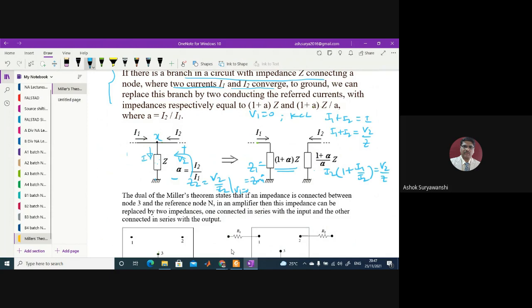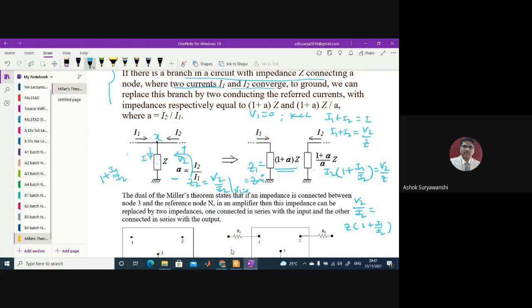V2 upon I2 will be equals to Z into 1 plus I1 by I2. So again you can simplify this 1 plus I1 by I2.